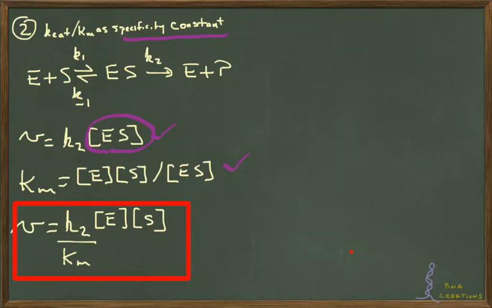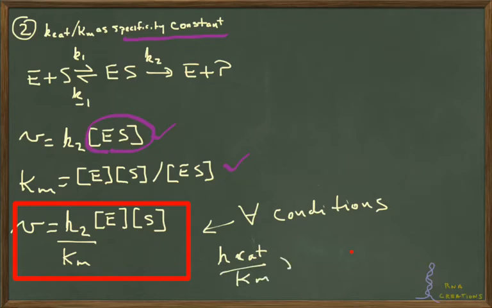And also, this is going to be true under all conditions, because I didn't make any assumptions here or any limits. So this equation holds under kcat over Km conditions, and it also holds under kcat conditions, because it's not total enzyme, it's free enzyme. And absolutely no assumptions have been made. Okay? So this holds for all conditions, kcat over Km and kcat conditions.